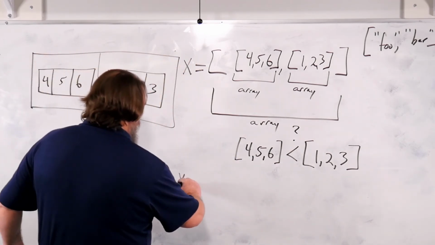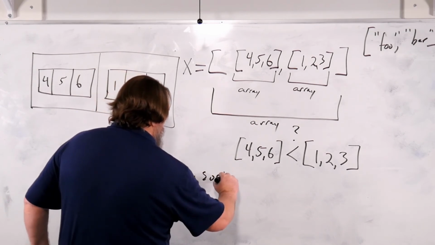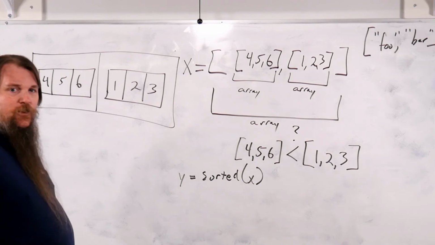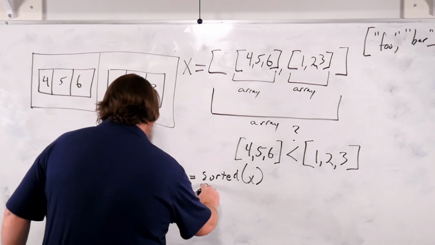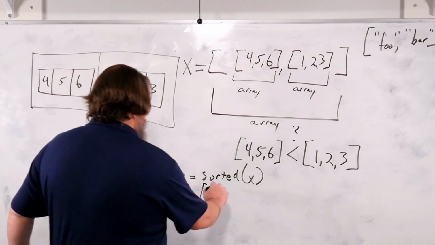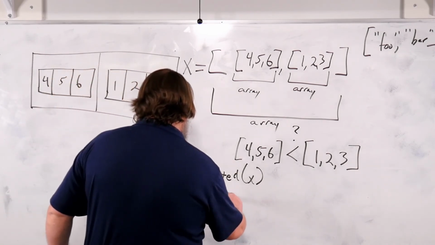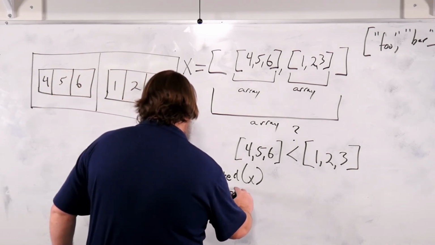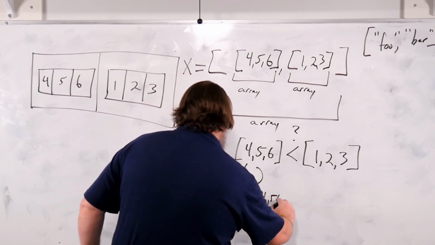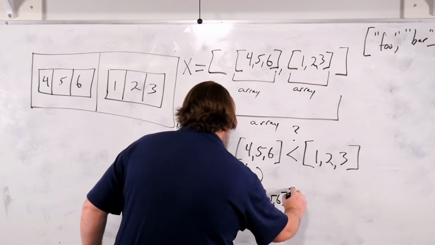So if we say that y equals sorted of x, what we get is a list containing two elements, the first of which is [1, 2, 3], and the second of which is [4, 5, 6].